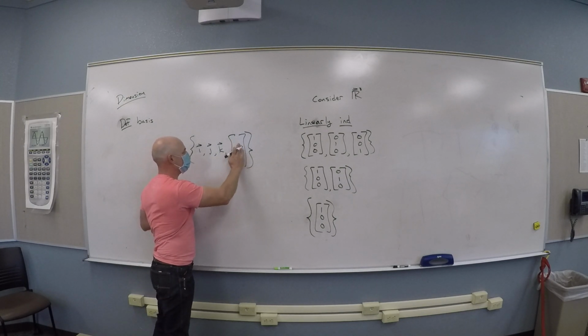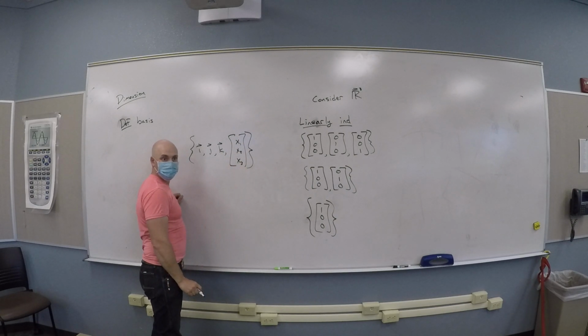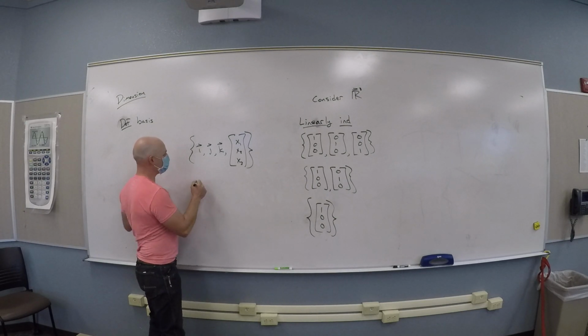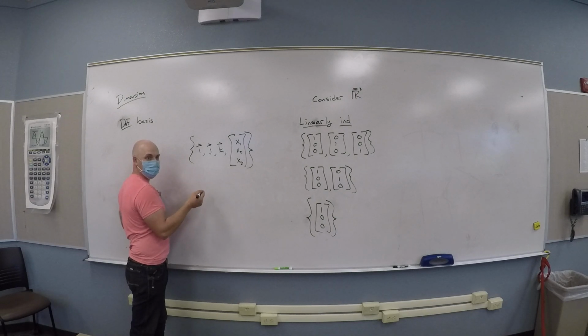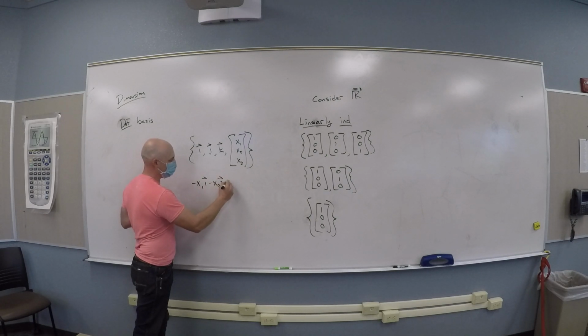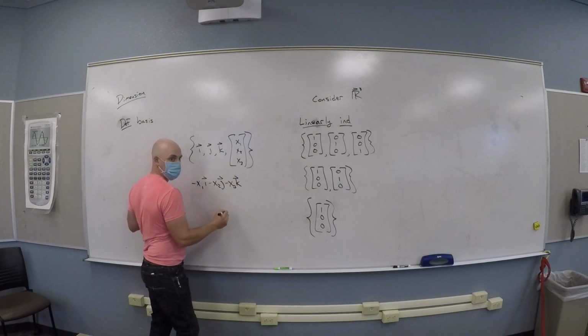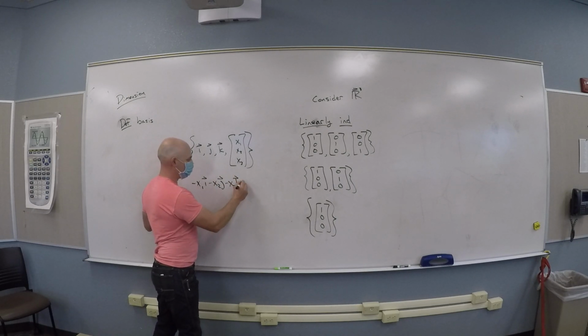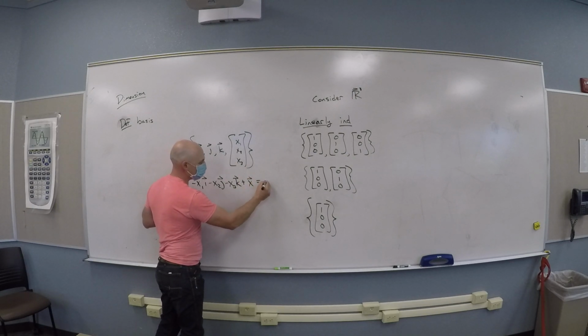What if I put different numbers in here? What if I was like x1, x2, and x3? It's still the same thing. I could make a linear combination that gets me 0 by doing minus x1 i minus x2 j minus x3 k plus this other vector, which is going to give me the 0 vector.